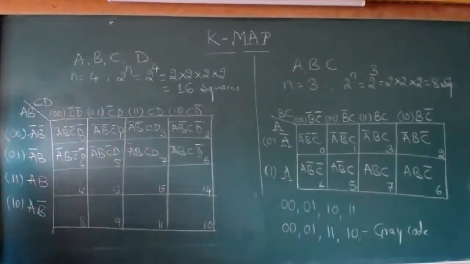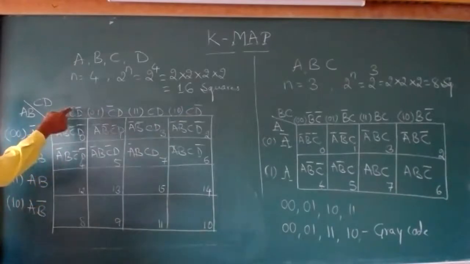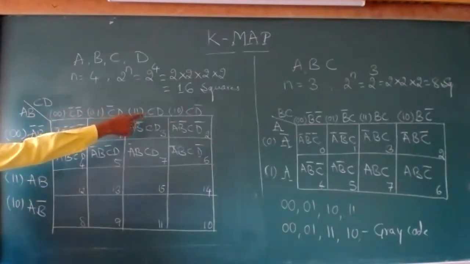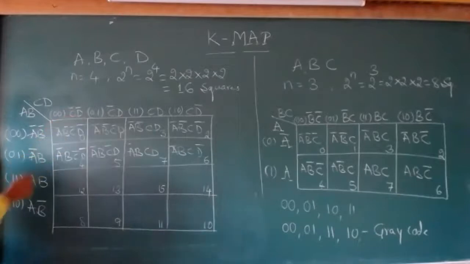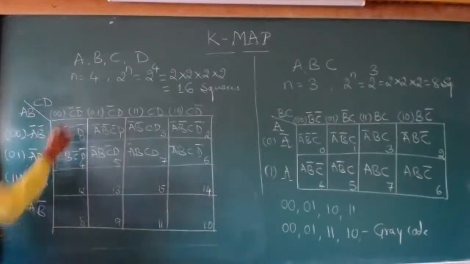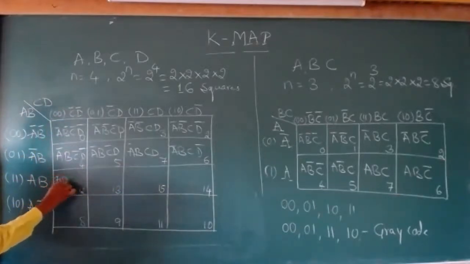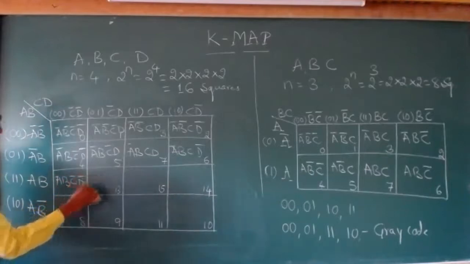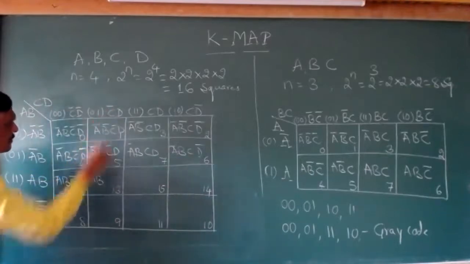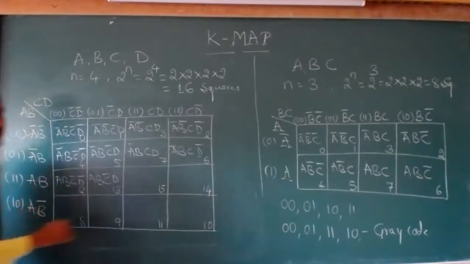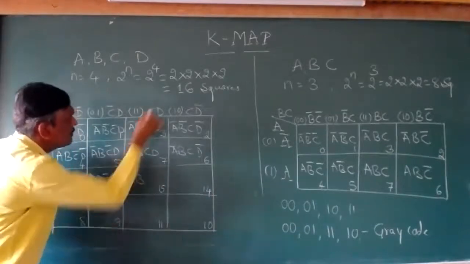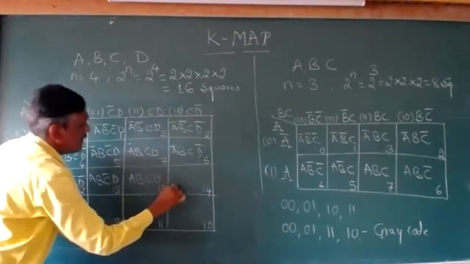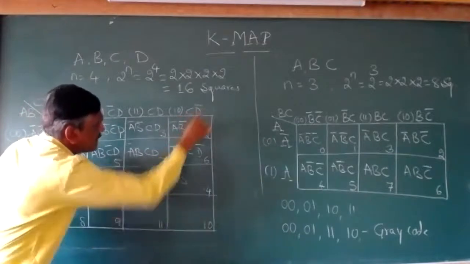Like that, third and fourth: A B multiplied with the different column labelings. A B is common for the complete row, so A B C complement D complement, A B C complement D, then A B C D, then A B C D complement.